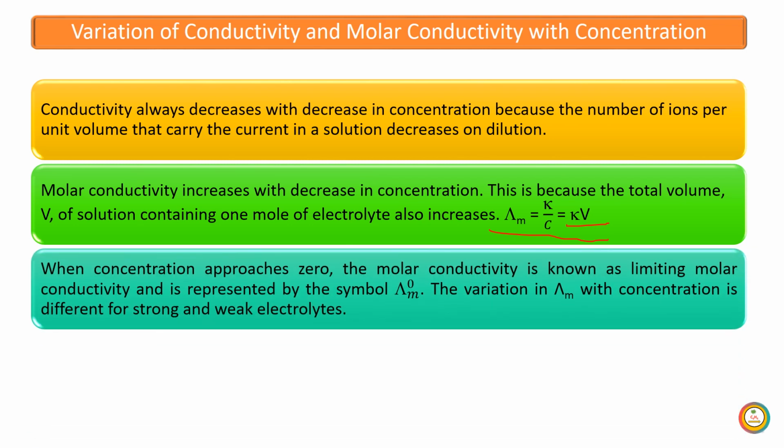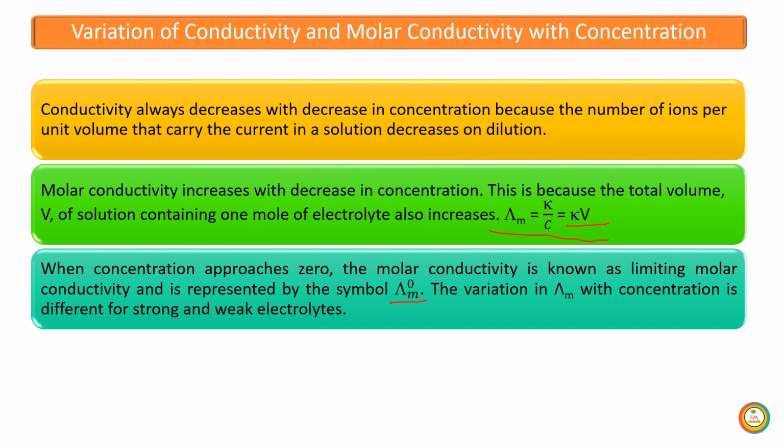When concentration approaches zero, that means infinite dilution, the molar conductivity is known as the limiting molar conductivity, and it is represented by the symbol lambda m 0. This 0 indicates zero concentration or infinite dilution.